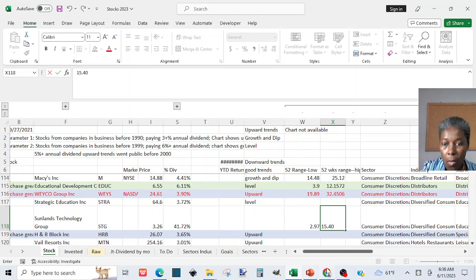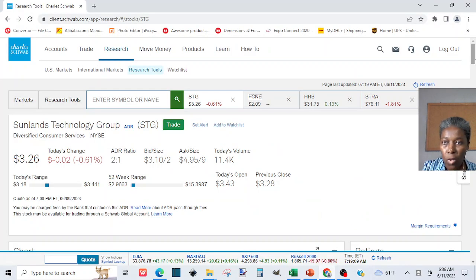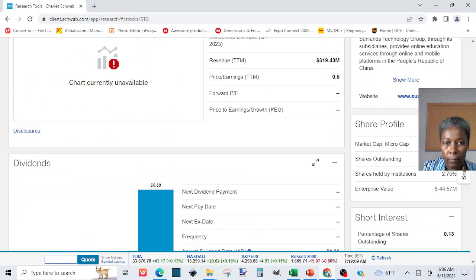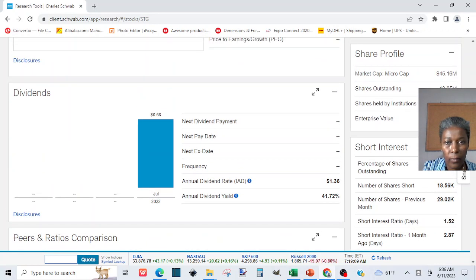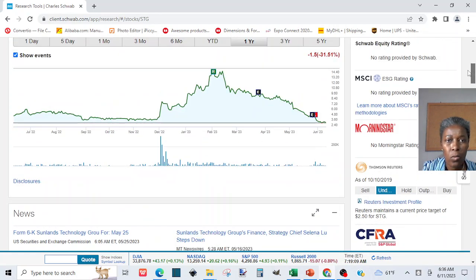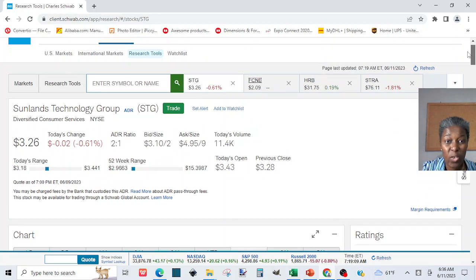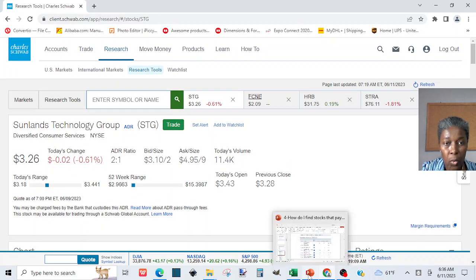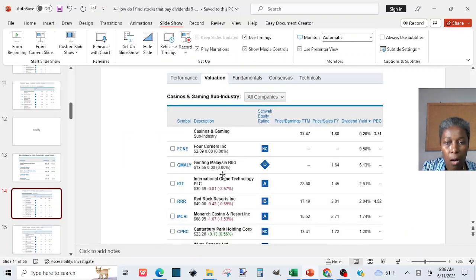So that's quite low, and we can scroll down to see the dividend yield, and the dividend yield is 41%, but it does not have a lot of information here to work with. So we'll come to that later as we continue with the chart. It could be a new company, we don't know. So we will put it through more filters. For now, it passed our filter so far. So you continue.